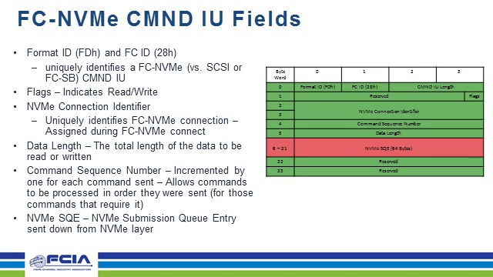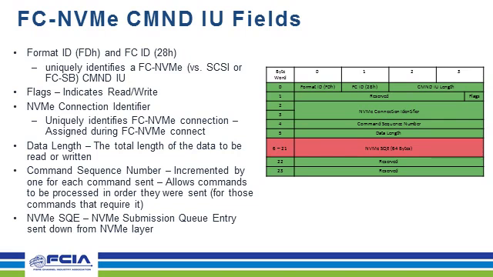The next important field is the NVMe connection identifier, and this is a unique identifier which indicates an active connection between an NVMe host or initiator and a target or a subsystem controller.